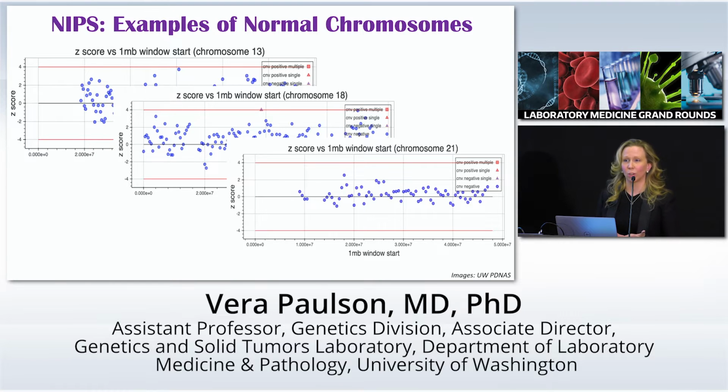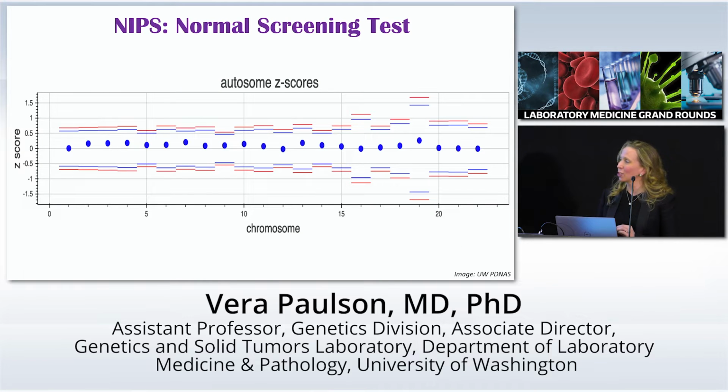Seems relatively straightforward. Everything's around the 0 line. And I can take all of those little blue dots, and I can average them to get one signal per chromosome. So we have chromosome 1 here, and 22 over here. And so this would be a normal screen. Everything's great. Baby is healthy.